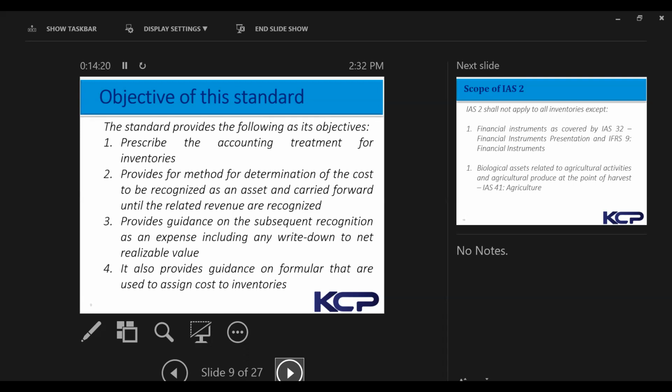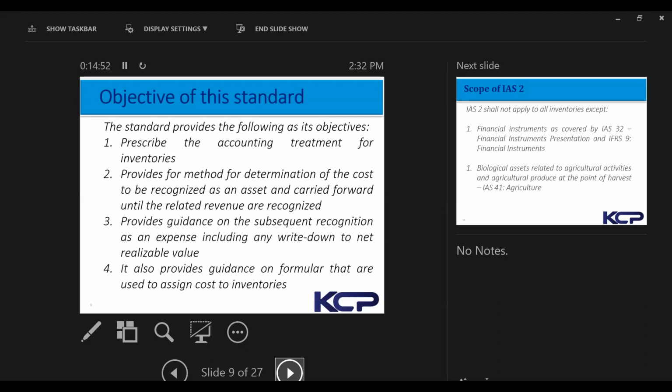But the moment the inventory becomes sold and you have fulfilled all the promised performance obligations, right? IFRS 15 then takes it from there that the compensating cost of the revenue you have realized must be netted from the inventory and reported as an expense. Until then, inventory will be an asset. Is that clear?